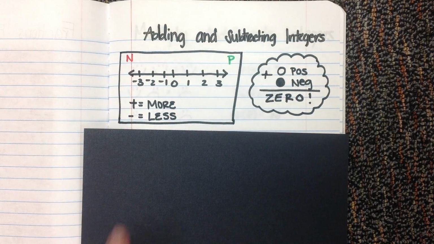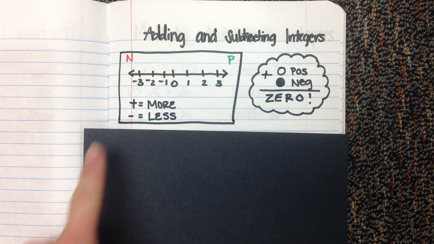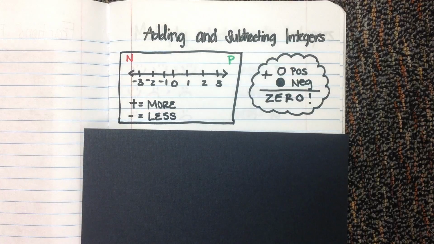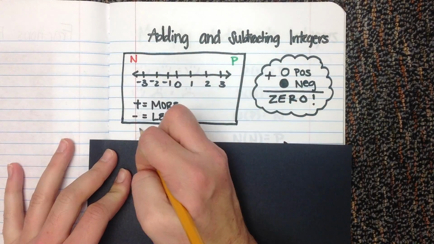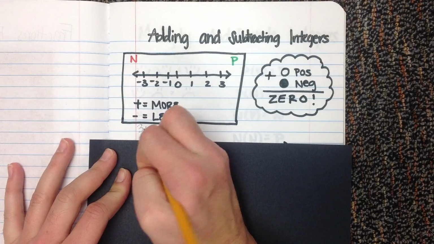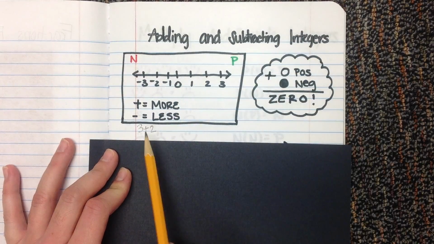I remember when I am adding, I'm wanting more of something. When I'm subtracting, I'm wanting less of something. So if I get a number sentence that looks like three plus 2, it's addition, so I want more of something.